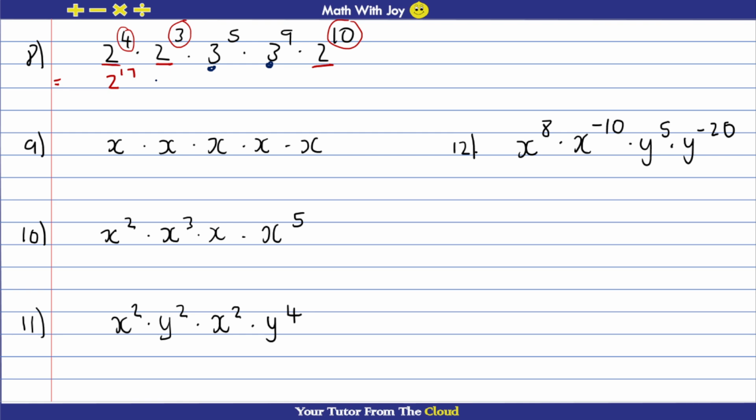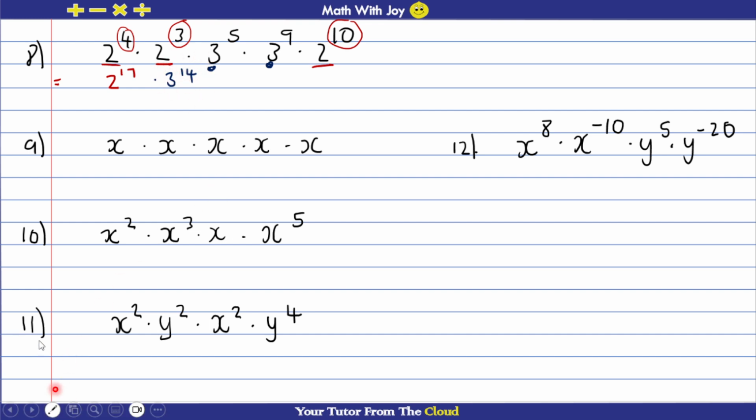So this becomes times 3 to the power of 9 plus 5, which is going to give us 14. So it's 3 to the power of 14. So remember what the exponential law says. It says that only the bases that are the same and that are multiplying, you can add the exponents. So I won't multiply these two because they are not the same bases. We are learning about exponential laws here.